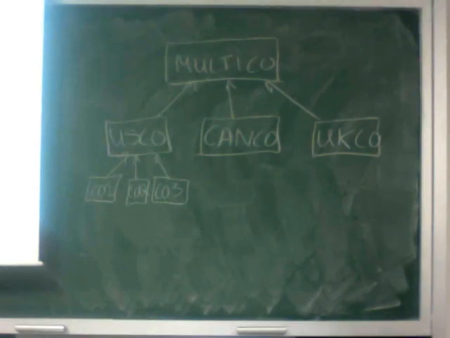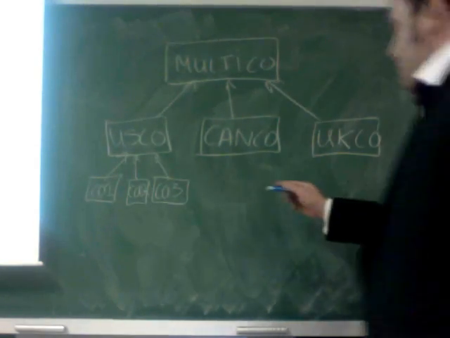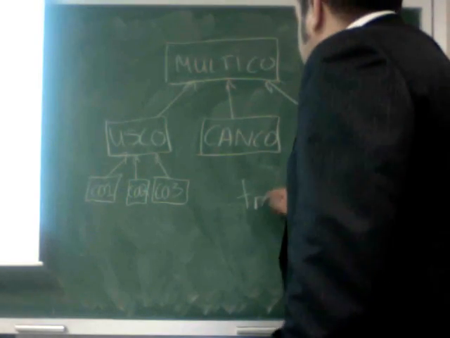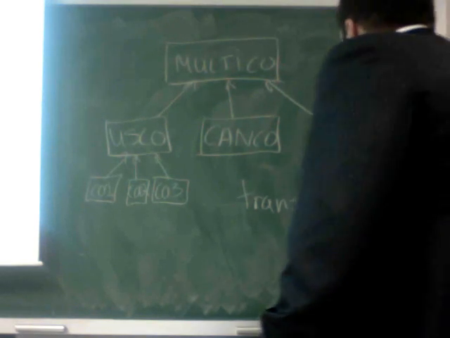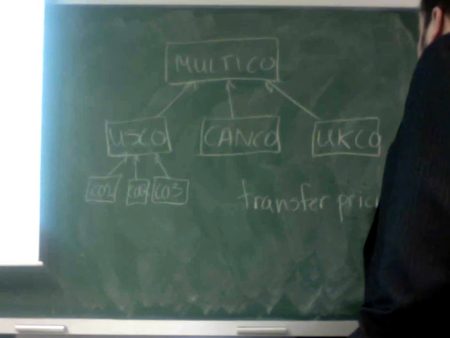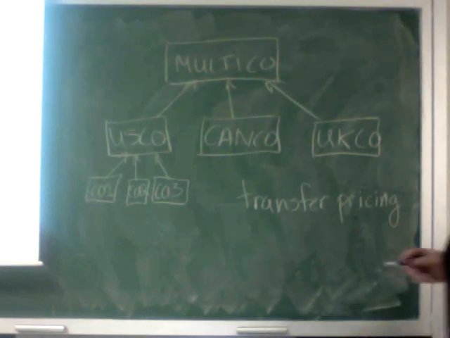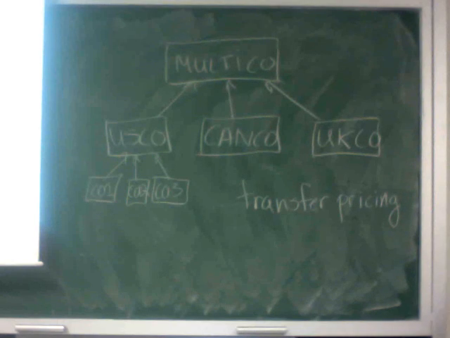And then there's another thing. It's not in the slides, and it's not covered in this course, but it's a very important topic in tax, called transfer pricing. It has to do with the way that companies operating in two different countries can play around with the tax system.